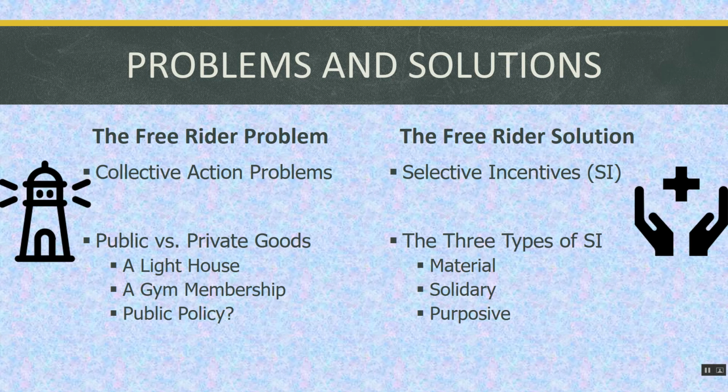Selective incentives or selective benefits are a type of private good used by interest groups to incentivize individuals to participate in their efforts to promote special interests rather than trying to get a free ride. They are called selective benefits because these are the benefits that are given only to contributing members of an interest group or cause. They are called selective incentives because they incentivize participation over free riding.